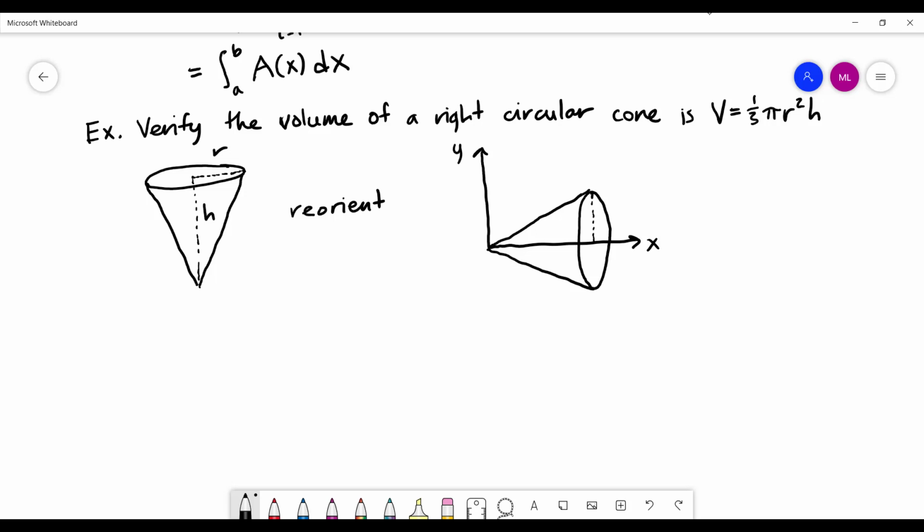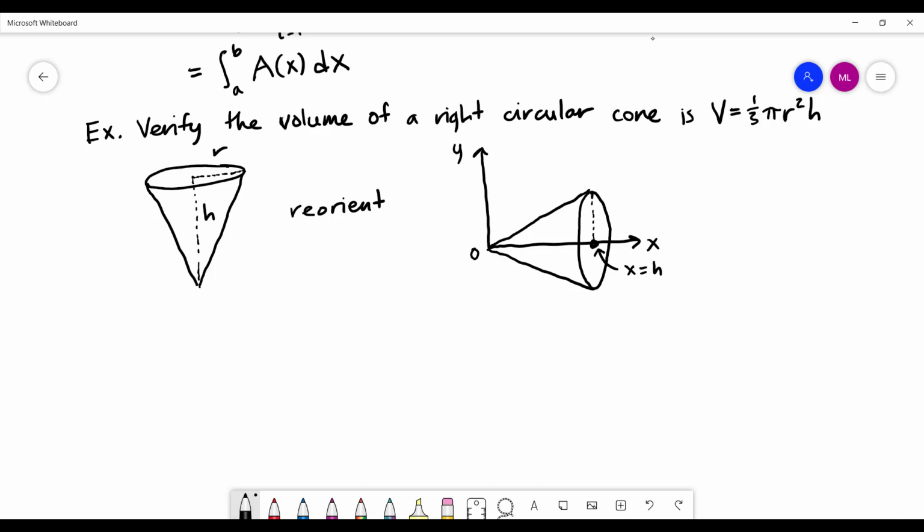So I want to pick out now a few important points on this. We made the tip of the cone basically the origin, and so I want to think about some other points here. So this x coordinate right at the top of our cone, which is now the right end of our cone, this point right here is x equals h.